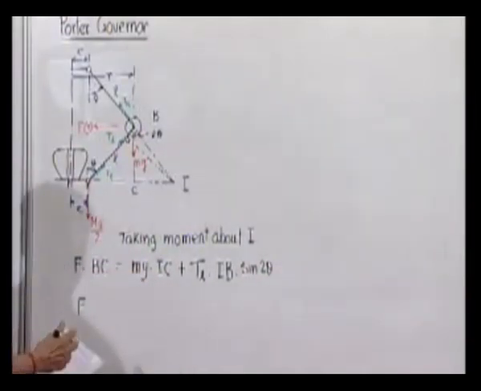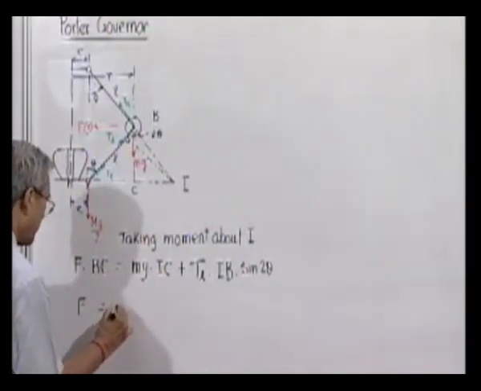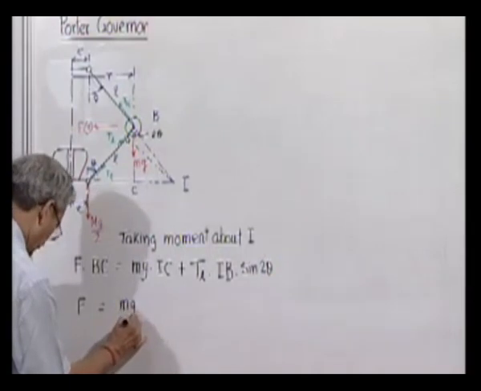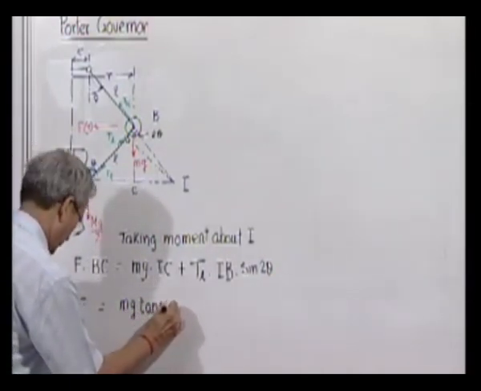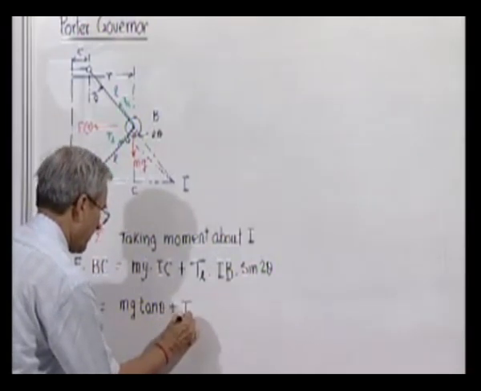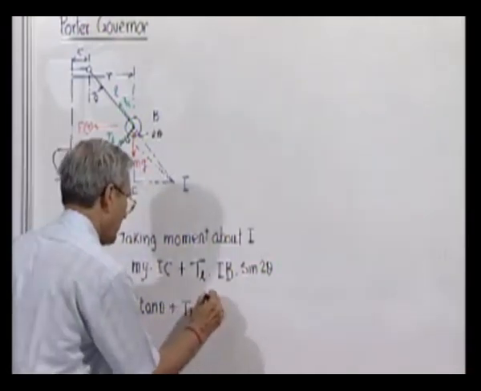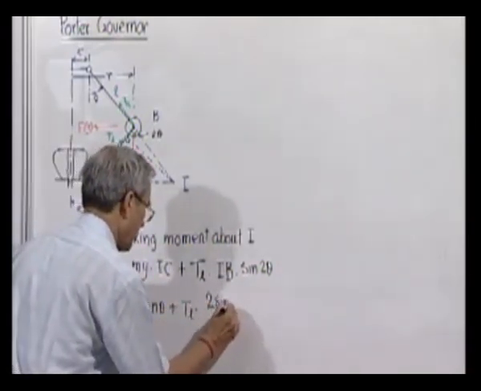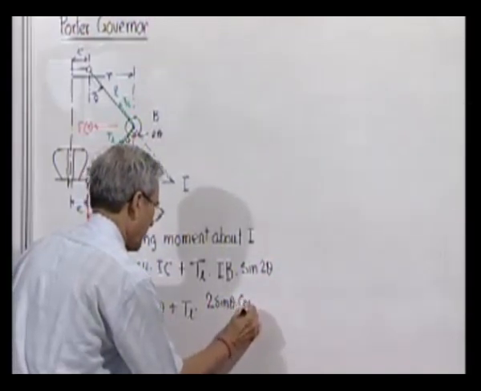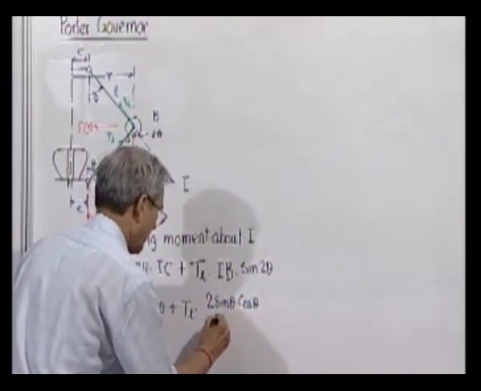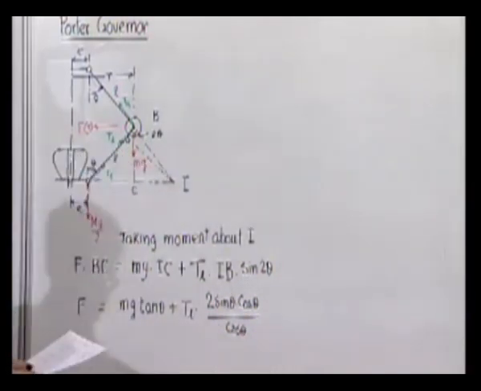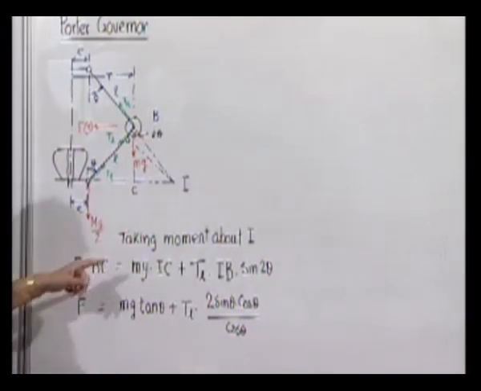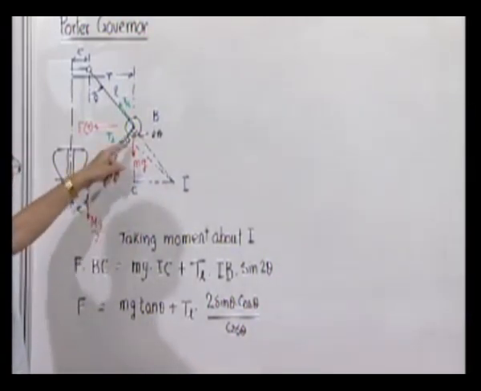So, the control force F can be expressed as IC by BC, this is IC and this is BC.